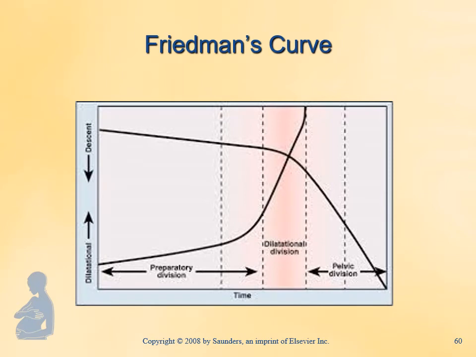So this would be a normal Friedman's curve where you have a slow amount of fetal descent until she gets into active labor at about 6 centimeters or so, and then those two curves cross, and that's how labor normally progresses. Sometimes that bottom line can be drawn out for a long period of time, and so you'll see a change in the Friedman's curve, and that lets us know that her labor isn't progressing normally.